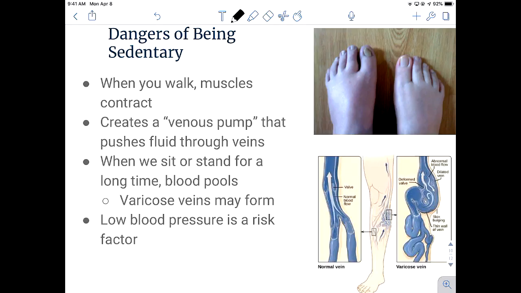As far as I understand, it seems to be related to a sedentary lifestyle and other factors that would weaken the vein walls. Circulation issues, yeah. I meant to look into it before I started talking about it, but I will. I'll make a note for myself to find some more information about that.